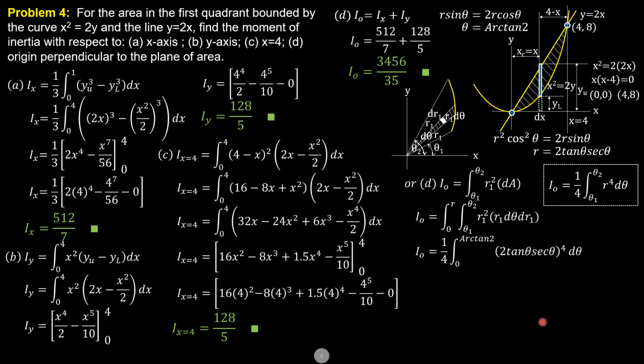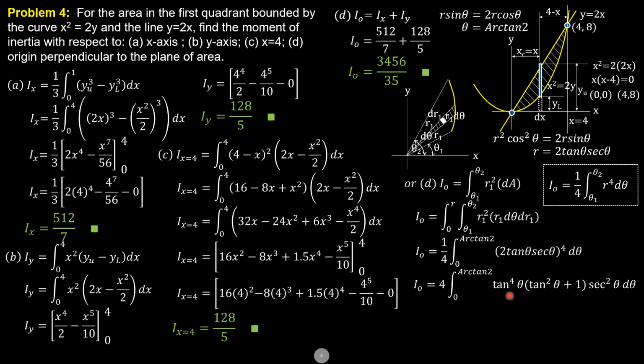So in the next line, we have 4 times integral from 0 to arctan of 2 of tangent to the 4th theta. Then this is secant square theta, supposedly secant to the 4th, and this is the other secant square theta d theta. So if you let u be tangent theta, the differential is secant square theta d theta.